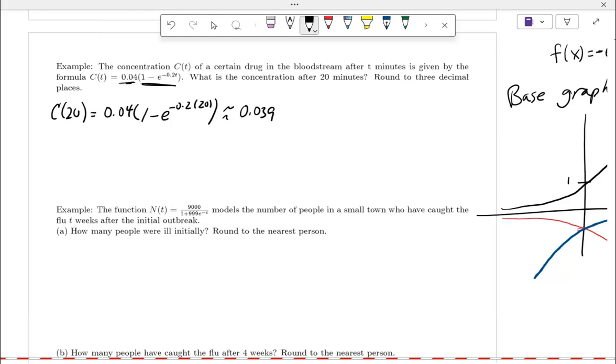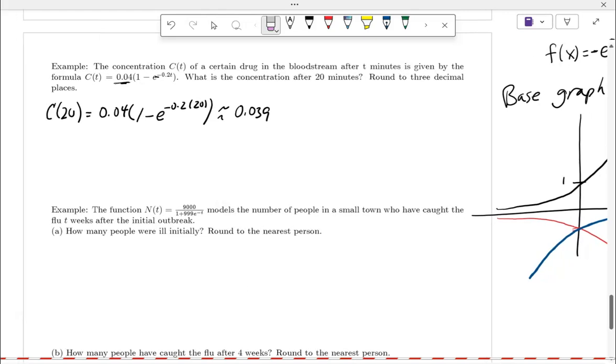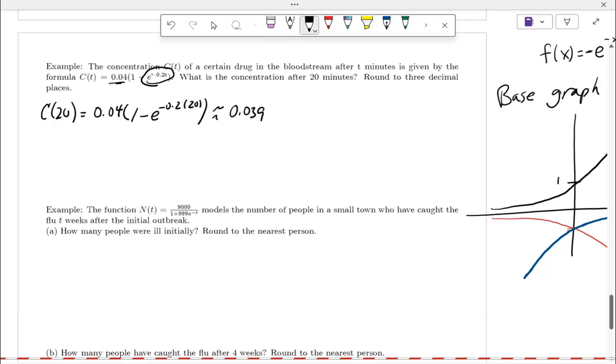In particular, I could have done this a little bit simpler than going through all of the transformations. Let's look at just this piece right here. And in particular, all I really care about is the negative. We said the negative does that reflection about the y-axis, right?